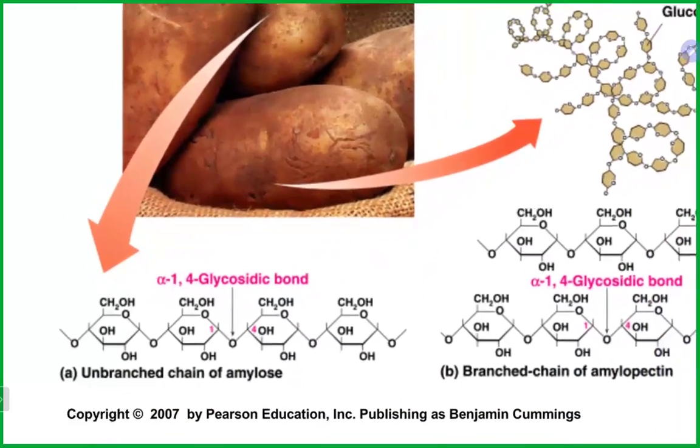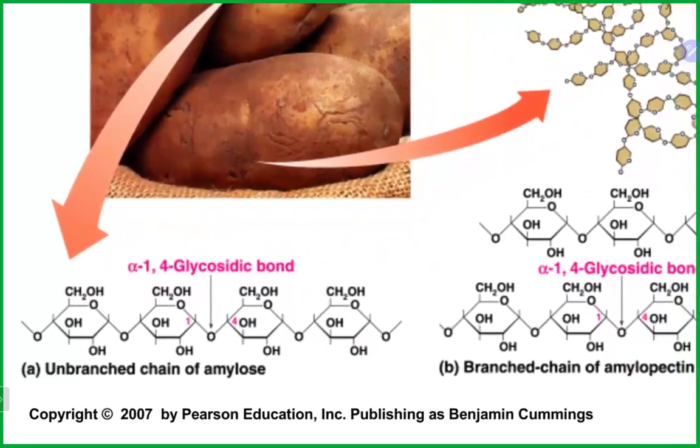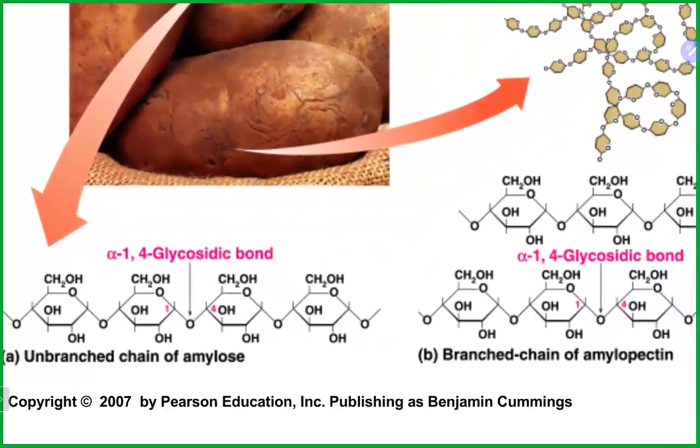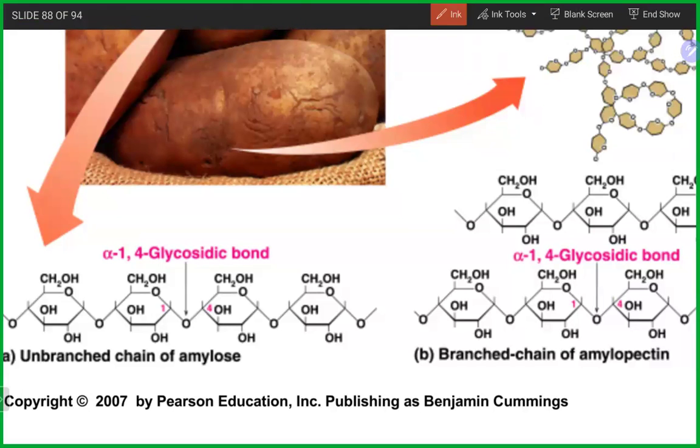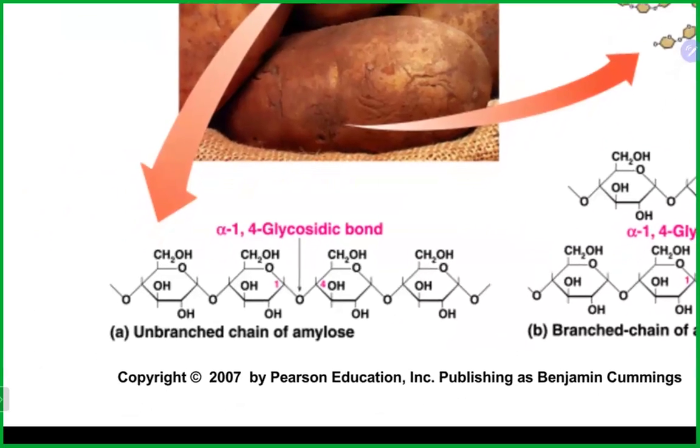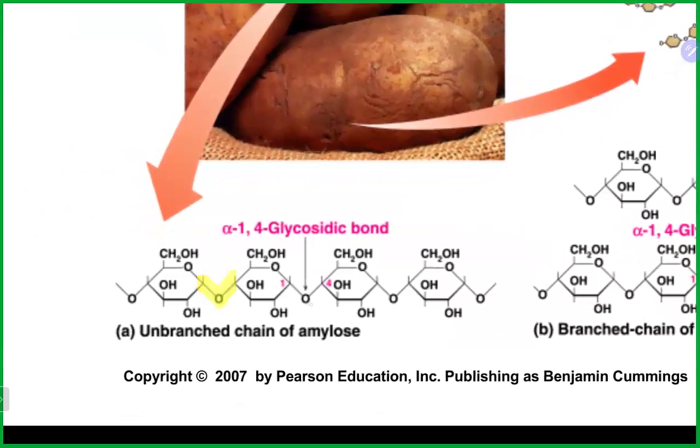So we have amylose here on the bottom, and it has our characteristic looking bond that we saw earlier, which you can see going downward here. So that's going to be our alpha 1,4 glycosidic bond. Amylose is pretty much a bunch of D-glucoses. It is basically unbranched.